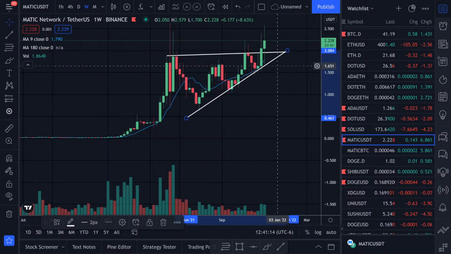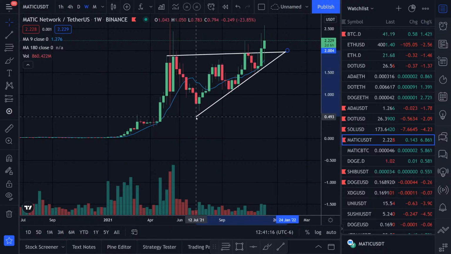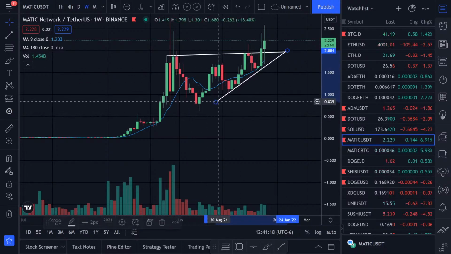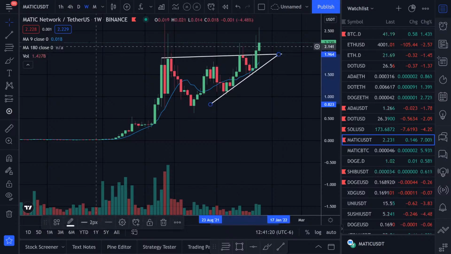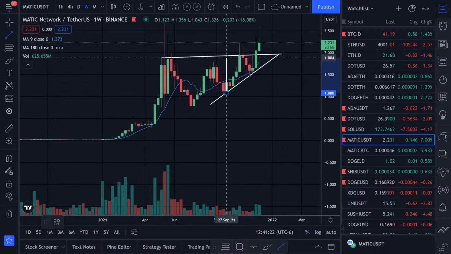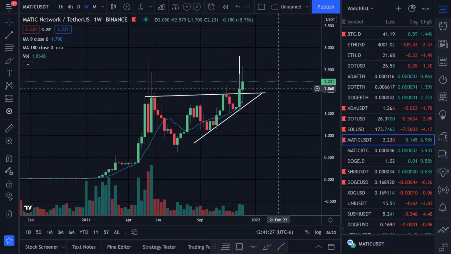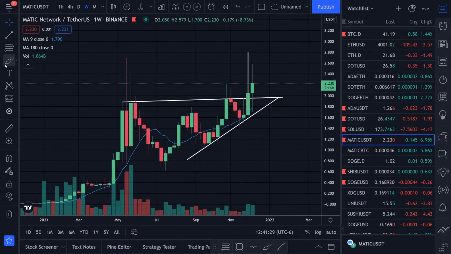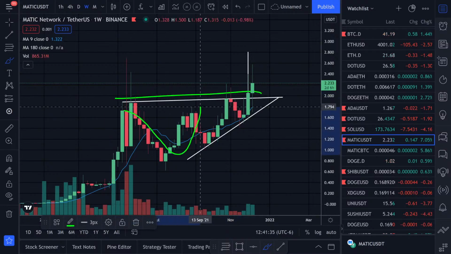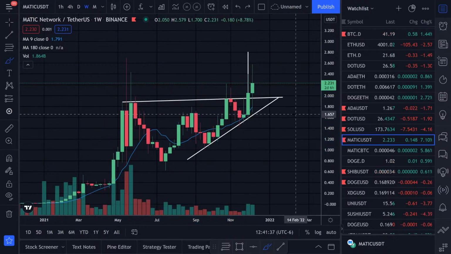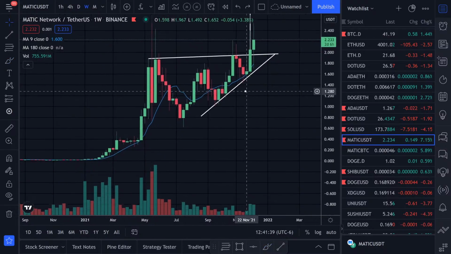Top to the bottom of this little pattern, drag this to the breakout, and this takes us up to the previous high right here. In general, I think it looks like we're breaking out of this little pattern. This is the weekly time frame too, so it's very significant in my opinion.